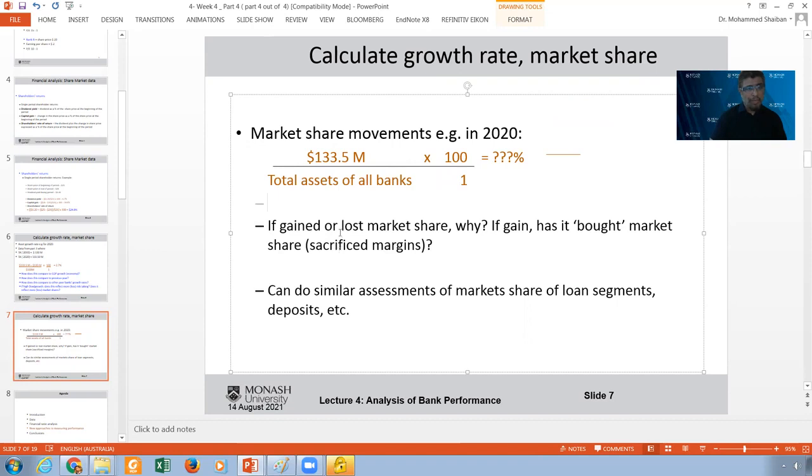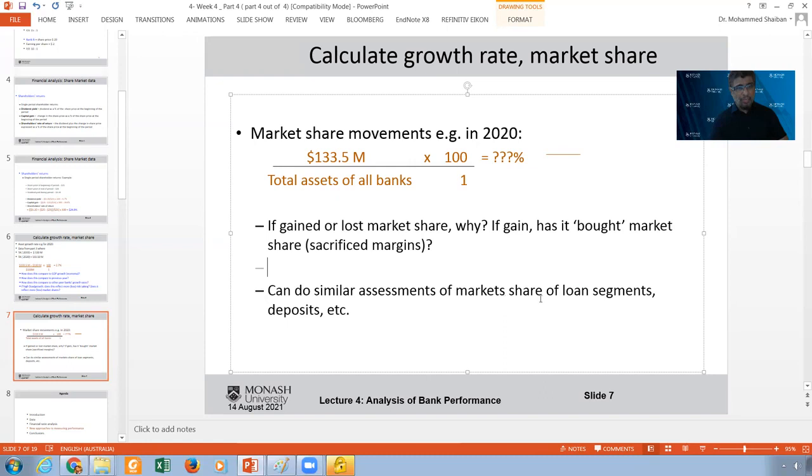Now, if you are gaining or losing market share, you have to know why. If you are gaining, has it come at the expense of margins? Are you giving more assets with more risk, or maybe you are decreasing your cost and your interest rate prices, getting more and more customers and giving more loans at the expense of the return, which means you are giving just cheap loans?